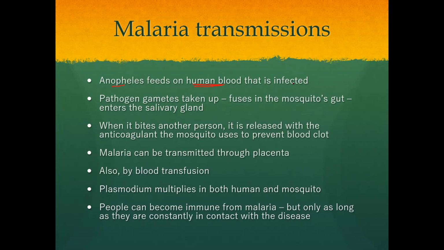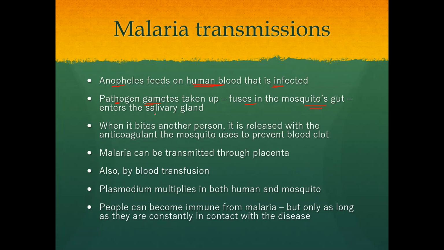If the person is infected, he or she would have gametes in the blood. These pathogen gametes are there in the blood of the person, but when they're taken up by the mosquito, they fuse in the mosquito's gut. These gametes do not fuse in the human. Individual gametes are there, but they only fuse in the mosquito's gut.